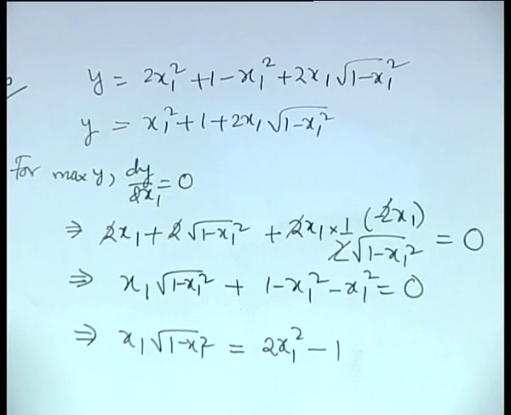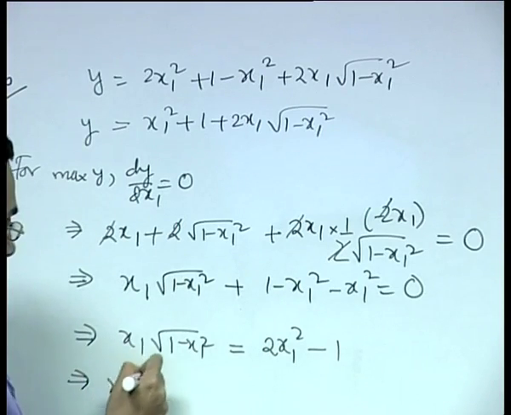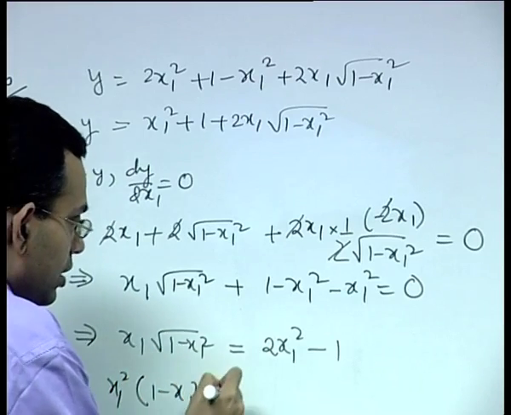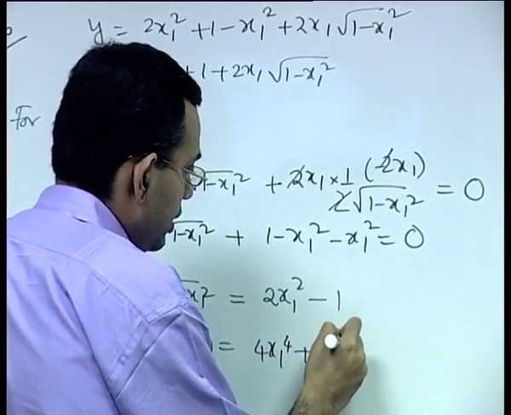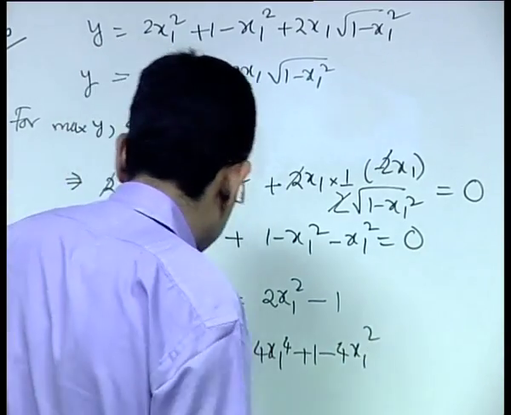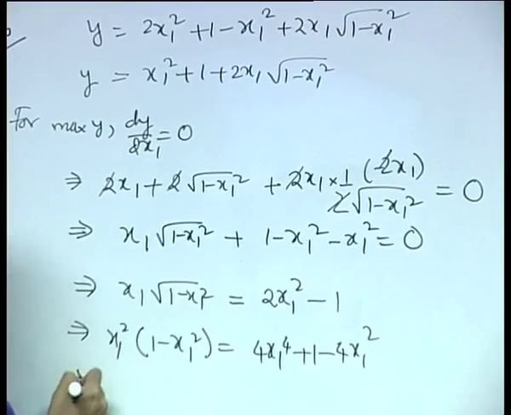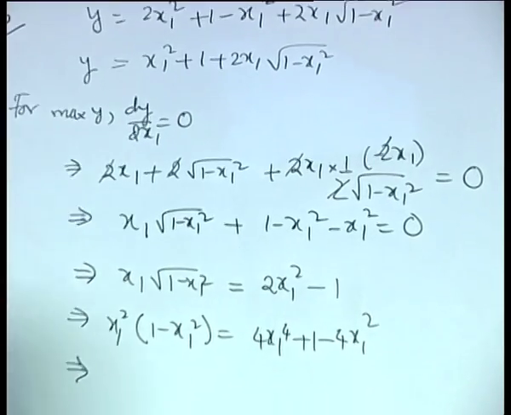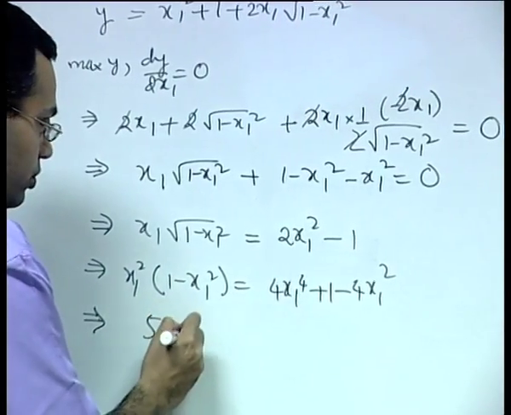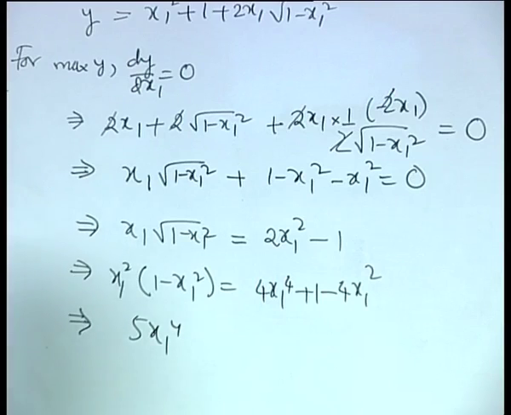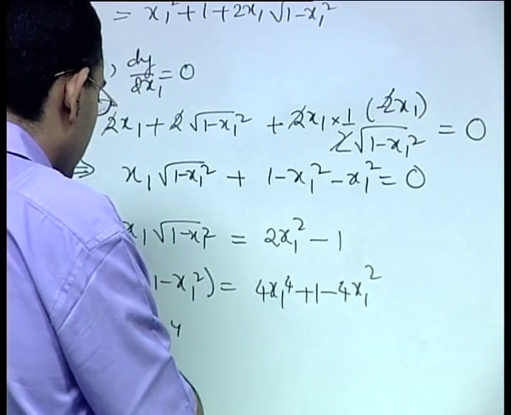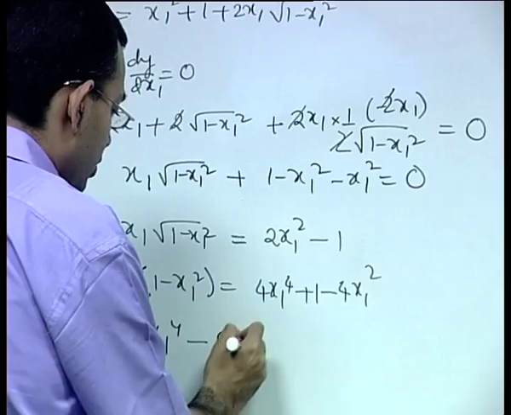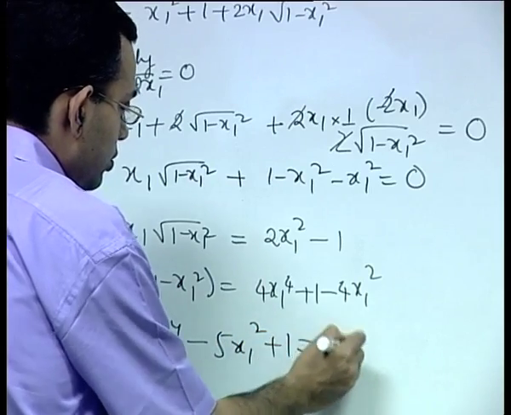You can take square of both sides. So, it becomes x1 square into 1 minus x1 square is equal to 4 x1 to the 4 plus 1 minus 4 x1 square. So, it is 5 x1 to the 4, then this is minus 4 x1 square and minus x1 square. So, 5 x1 to the 4 minus 5 x1 square plus 1 is equal to 0.